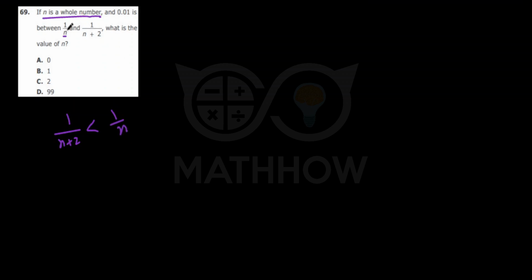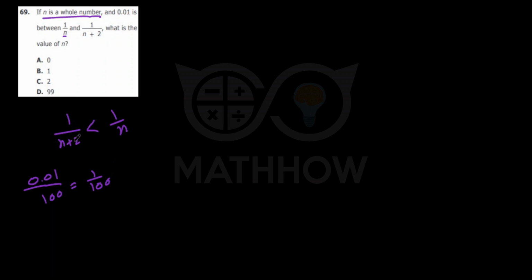0.01 is between these two fractions. First, let's convert 0.01 into a fraction. This will become 1 over 100.